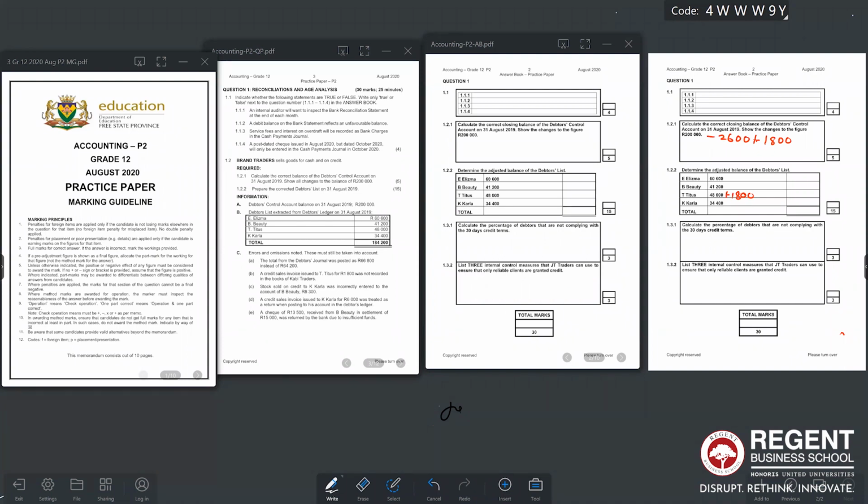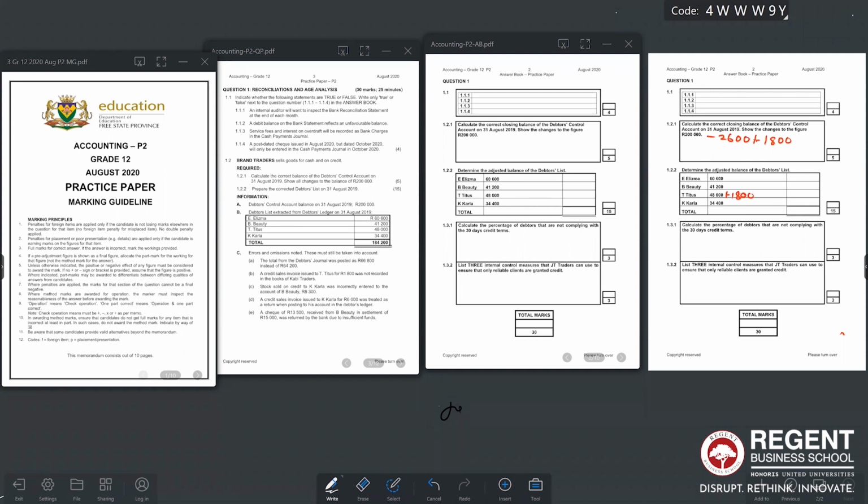The third one, stock sold on credit to Carla, you sold goods on account to Carla, was incorrectly entered to the account of Beauty. You sold to Carla, but you're adding it to Beauty, 8,300. The mistake is you went and made Beauty's account go up by 8,300.